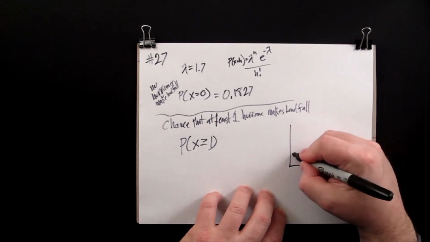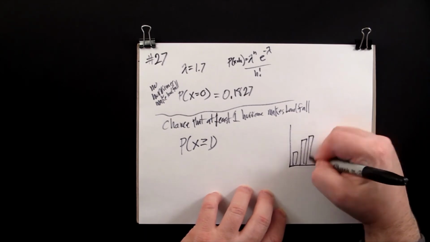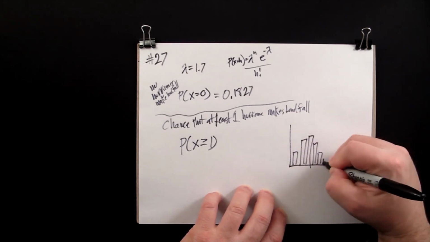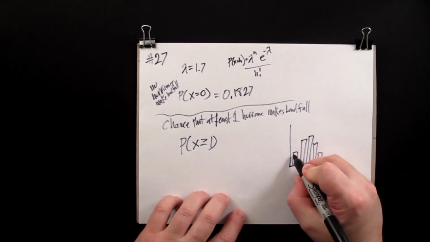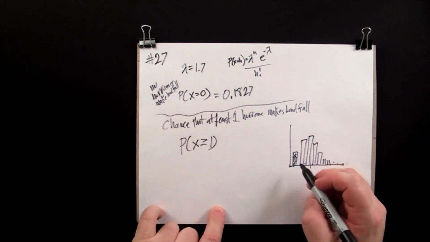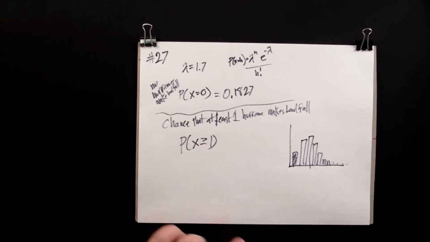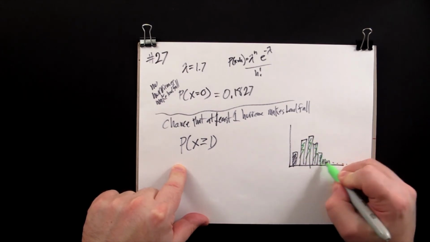So just think about it. So we have something like this for a distribution, and you got a bunch of entries that tail off there. Okay, this one we can look up relatively easily. We just did it. That's quick to calculate. But what we're actually interested in is this value that I'm highlighting here.